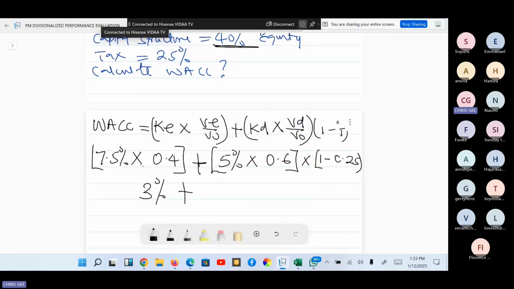This is 0.75, right? 1 minus 0.25 is 0.75.